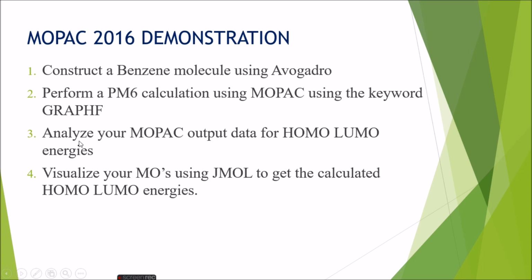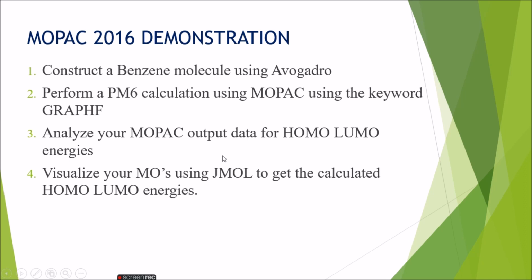From the MOPAC output, you can get the details about the HOMO-LUMO energies. Finally, we will visualize the molecular orbitals using JMOL, again a molecular visualizer and editor, and we will get the HOMO-LUMO energy data and the electron occupancy and everything. So a lot of information we are going to get from this.